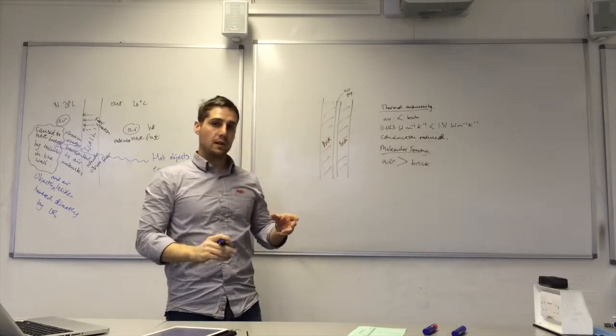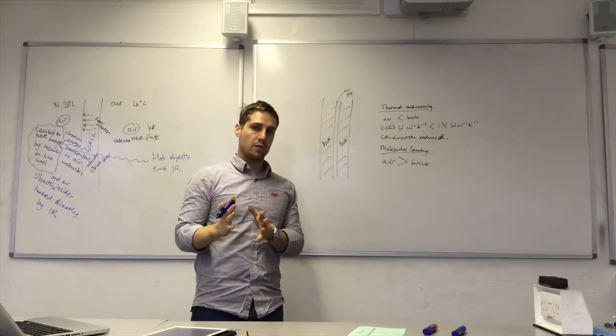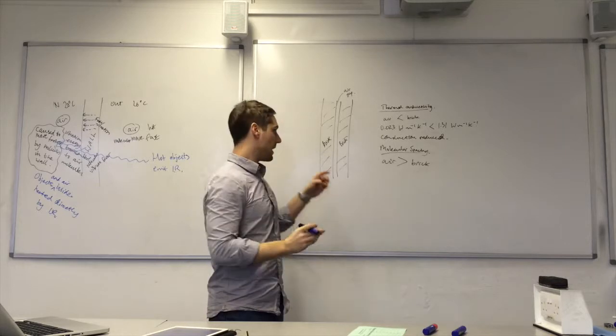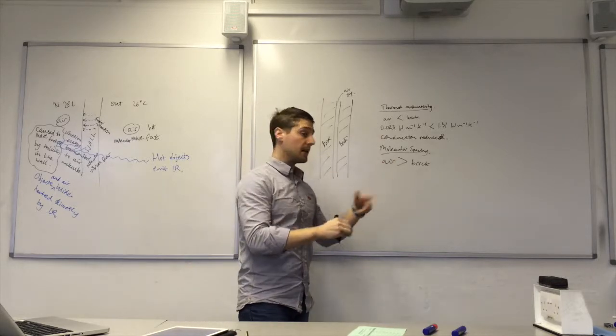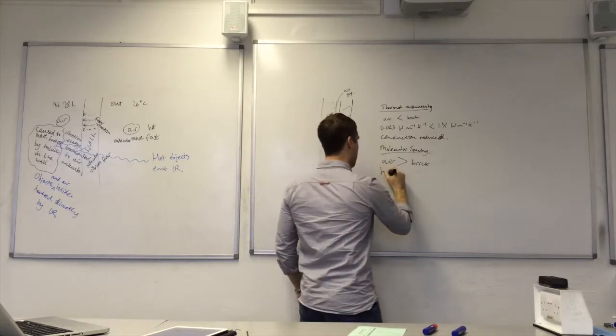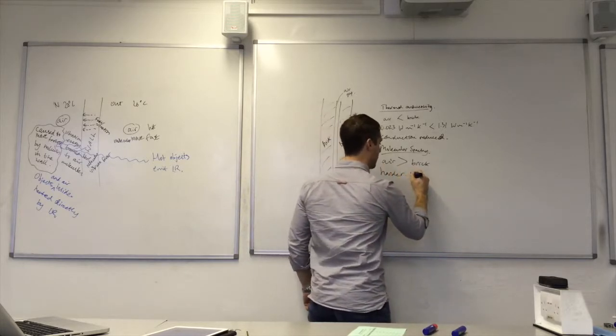So that means that it's harder to pass on that vibrational energy, or that when the air molecules collide, to pass on their kinetic energy. So that's what we need to say here.